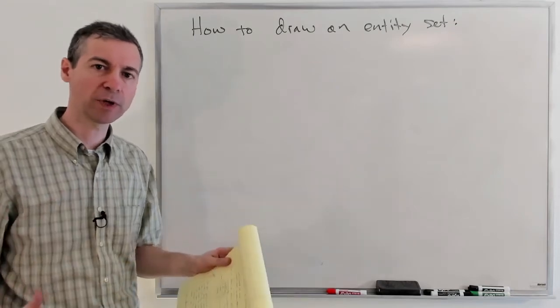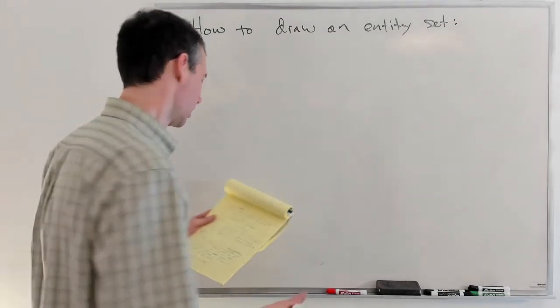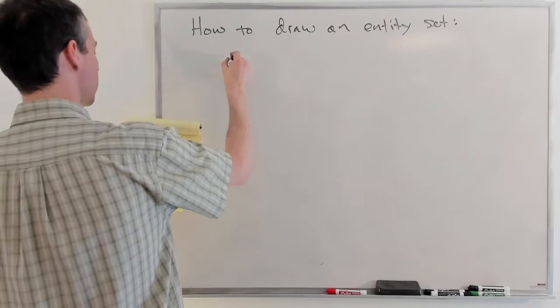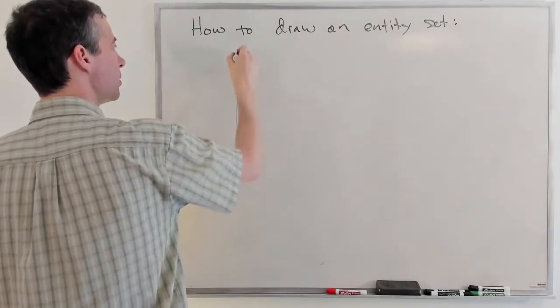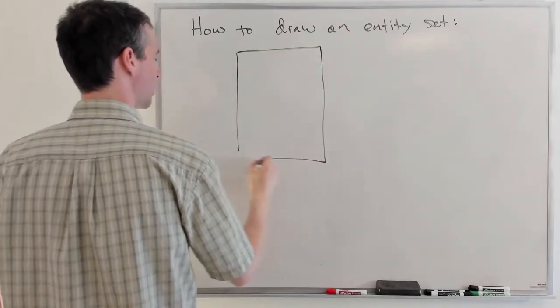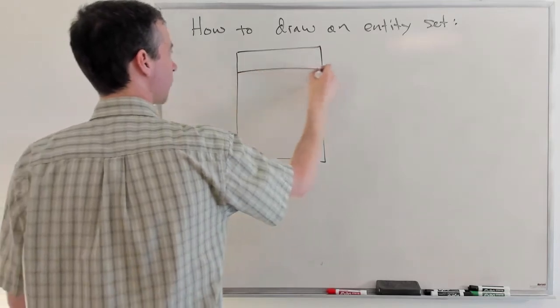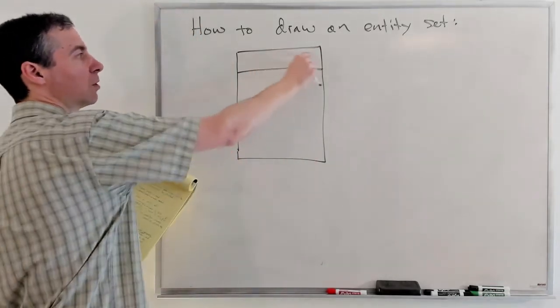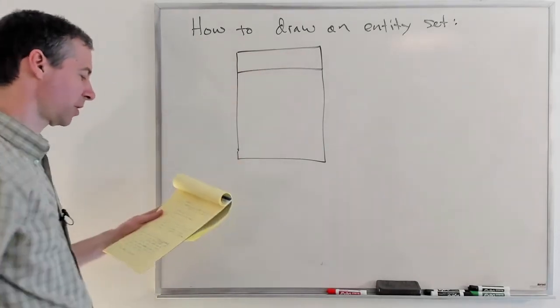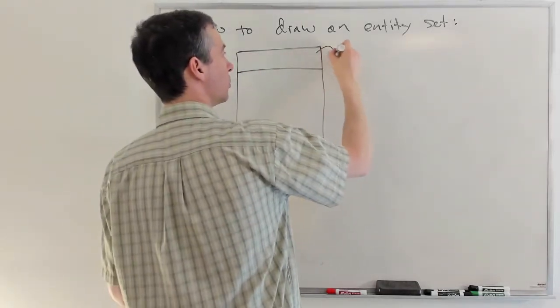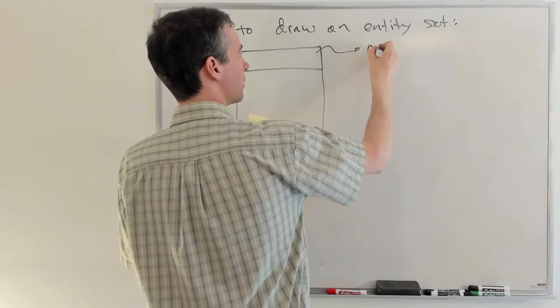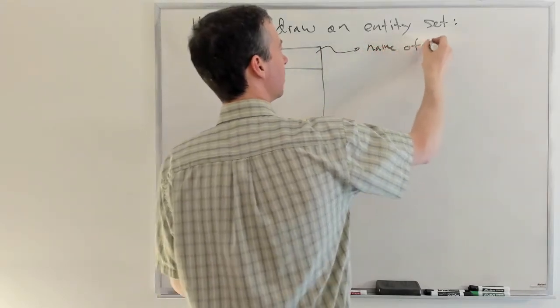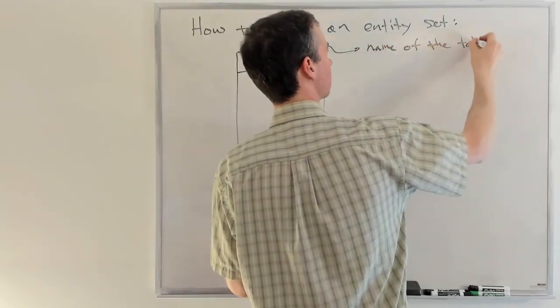It's a useful way of showing it. So we will do it this way. So we'll use these rectangular boxes. We're going to have them in two parts with a row here and then a whole bunch of space here. And what we're going to do, we're going to put up here is the name of the table.